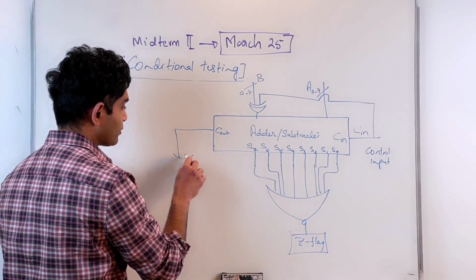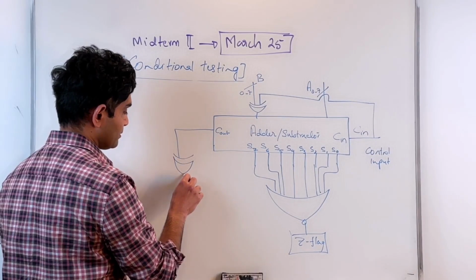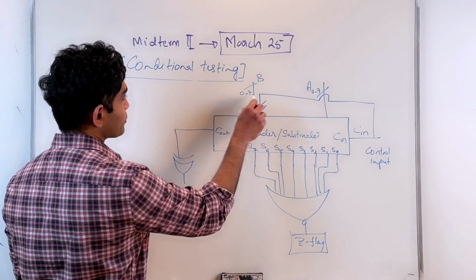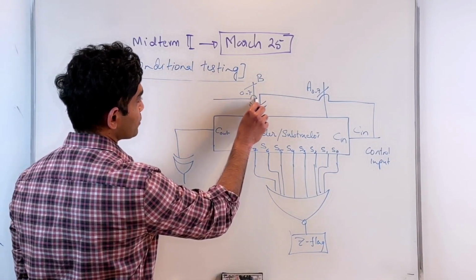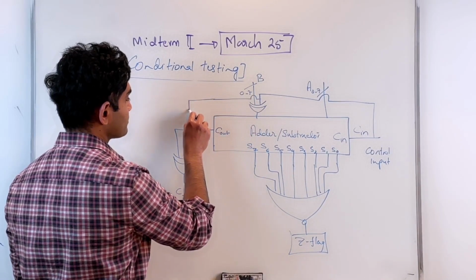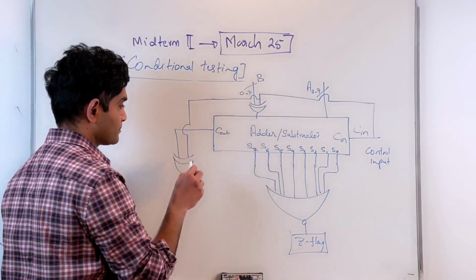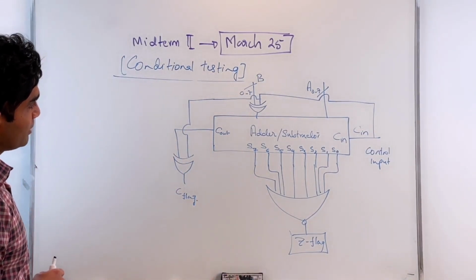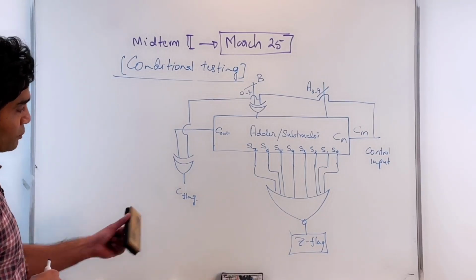We use the XOR gate to form your C flag. The other input to the XOR gate was your control input. Okay, so that's your C flag, and that's it.